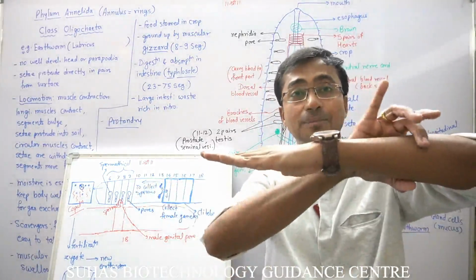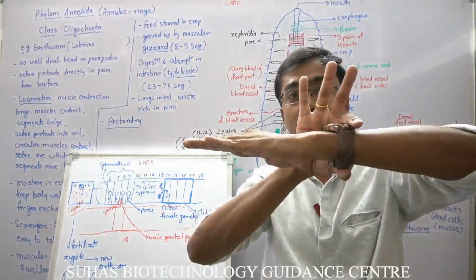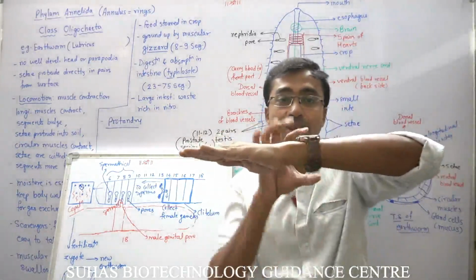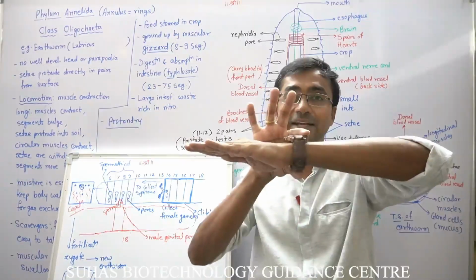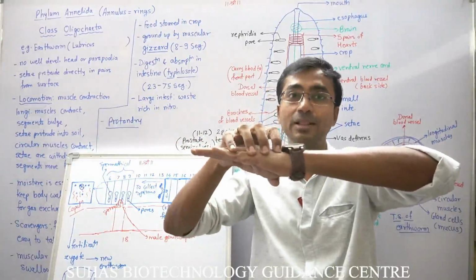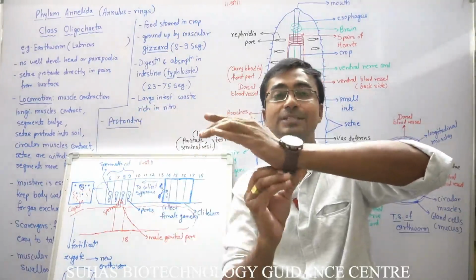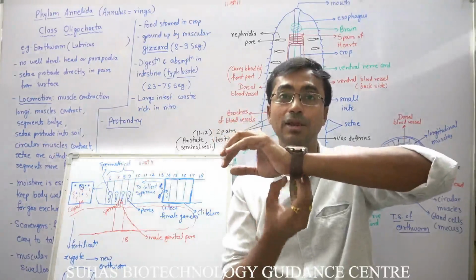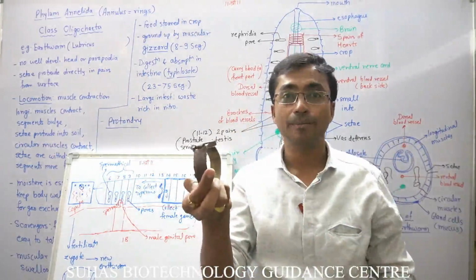The clitellum is a part of the body, suppose this watch is a clitellum, and it will start getting detached from the body. It will collect ova, or female gametes, then move slightly towards this and collect sperms from the spermathecae, and this part will come out. This part of the clitellum which comes out will now have sperms as well as ova.